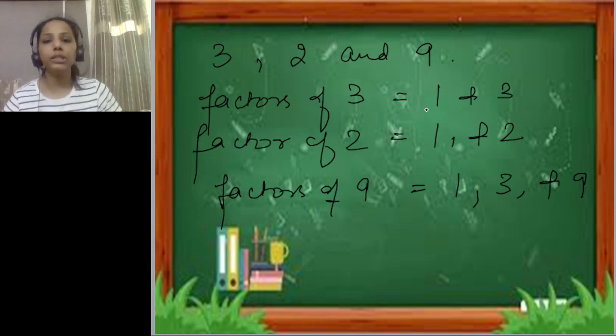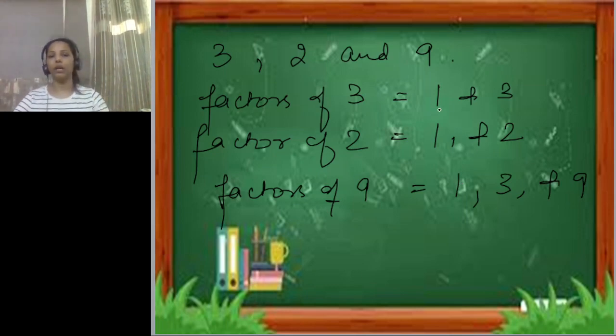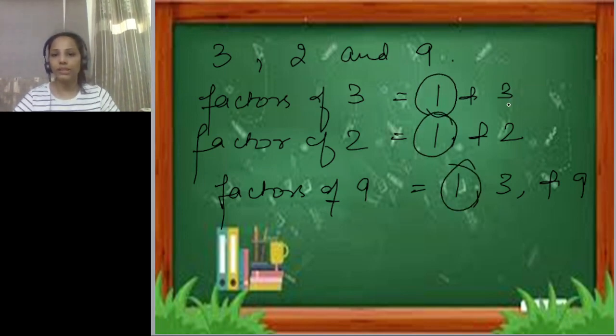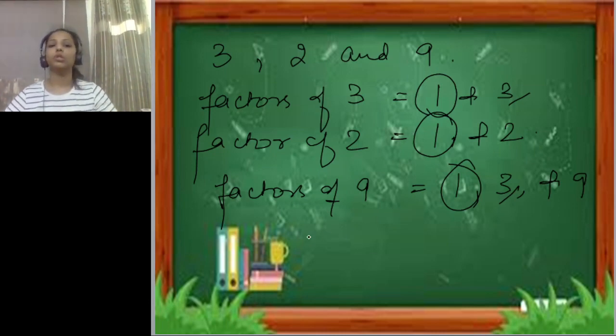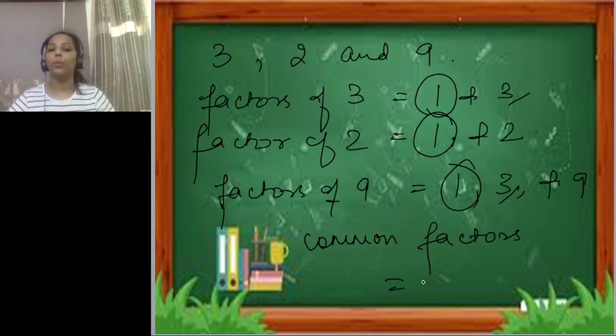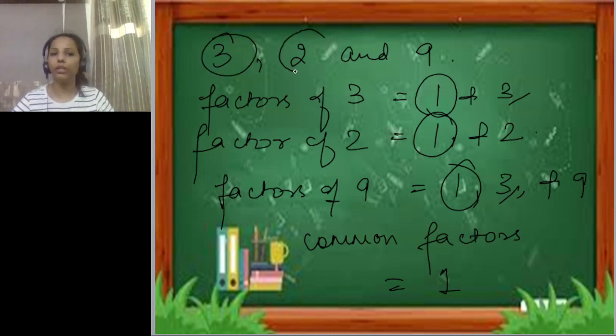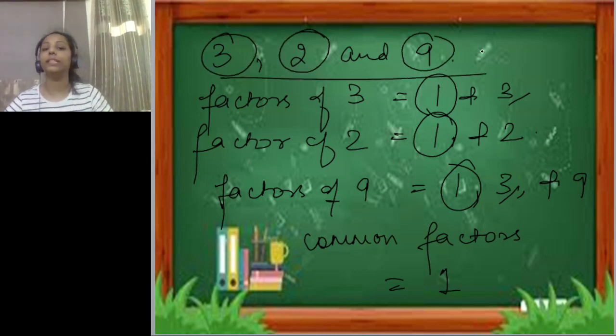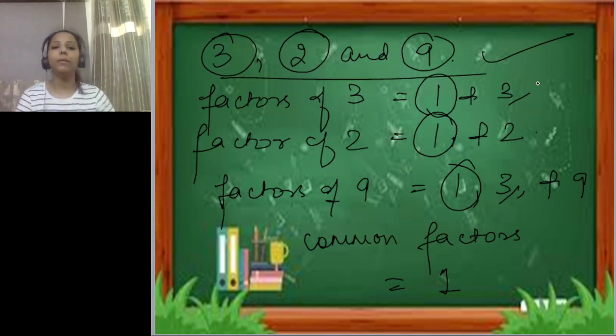So the common number among these three is 1. Here 3 is in two rows but not the third, so 3 is not a common factor. We take as common factors only those numbers which are common in all three rows. So the common factor will be only 1. So are these three co-prime numbers? Yes, these three are co-prime numbers, which have only 1 as the common factor.